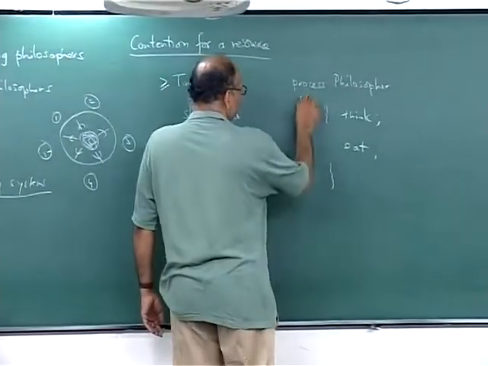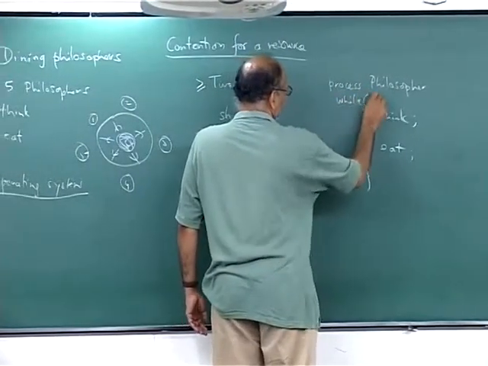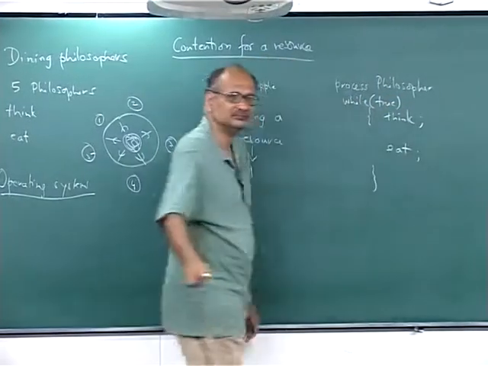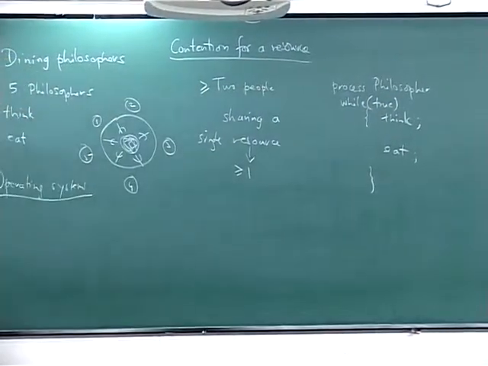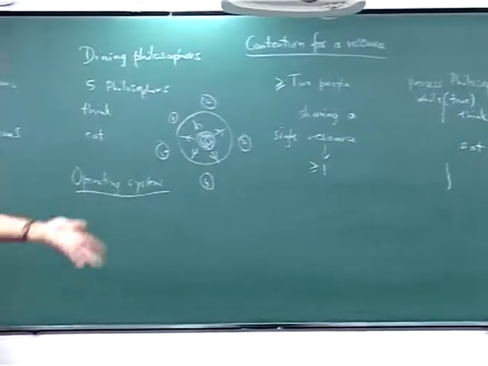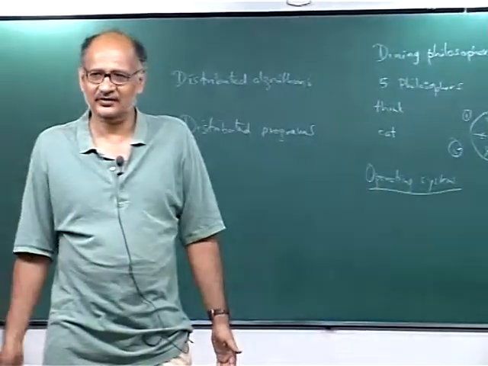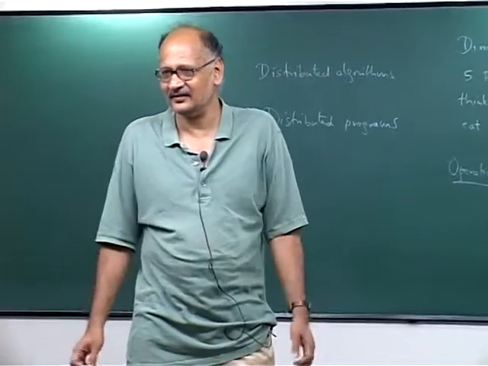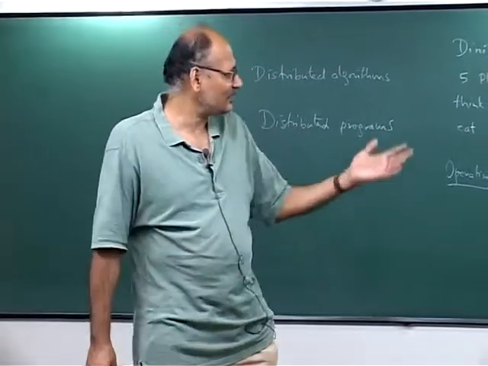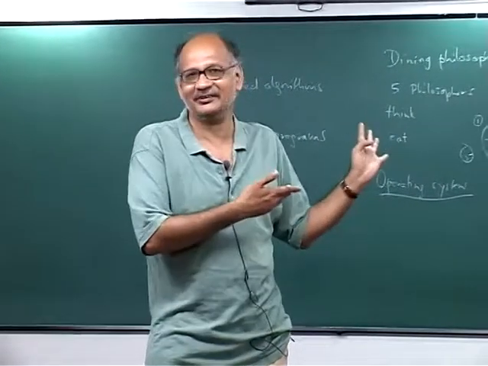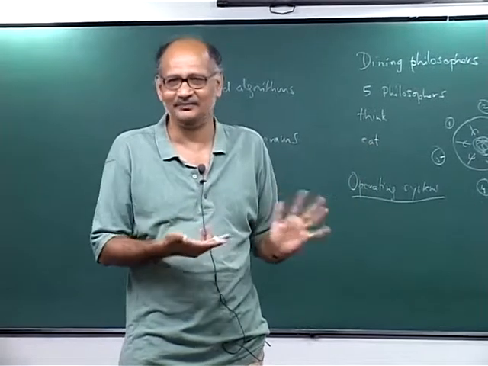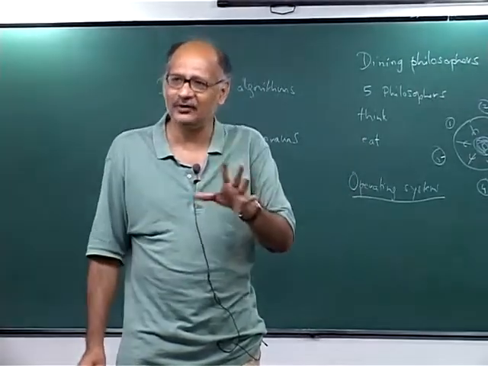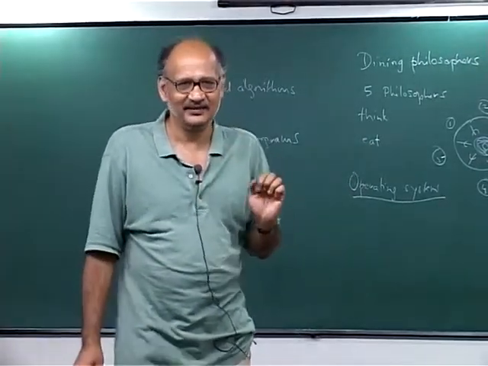This is what the philosopher does forever: the philosopher thinks and eats. As I said, as a distributed algorithm, this is trivial. There is no complexity in the algorithm. But what we are worried about is how we are going to actually implement this in a system.